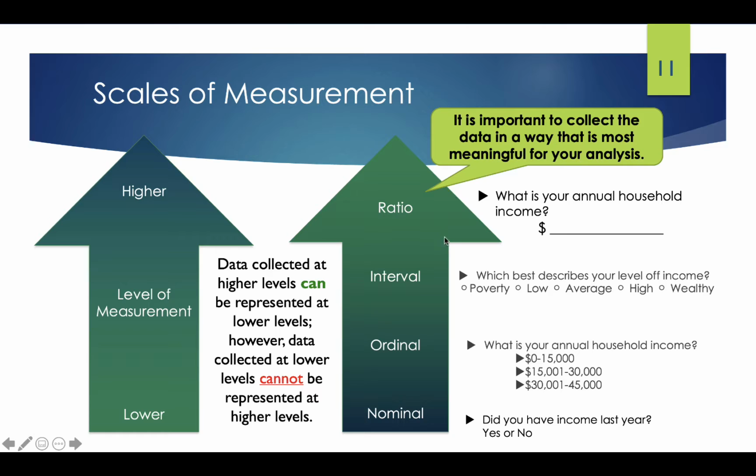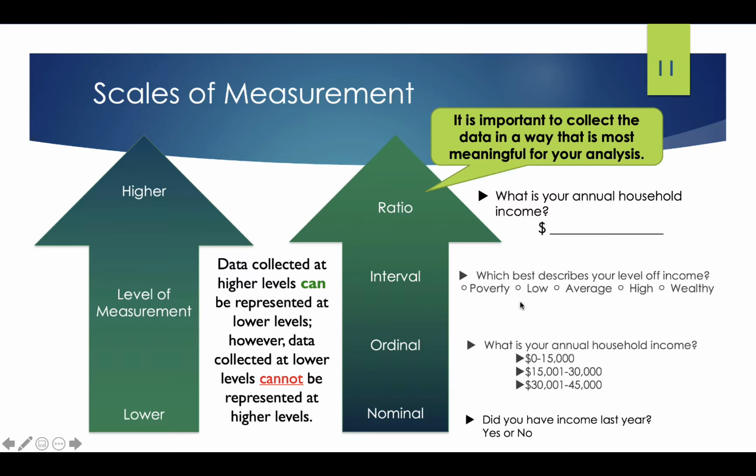So let's look at this. It's important to collect the data in the way that's most useful. What is your household income? If I'm asking you and you say, my household income is $75,000, you can't rank up from that. That is a true number, so it's going to be concrete.